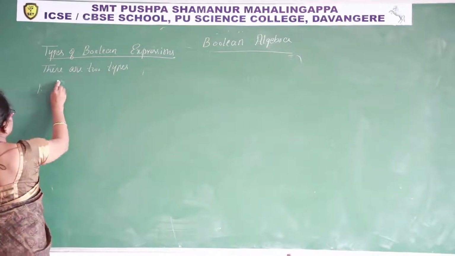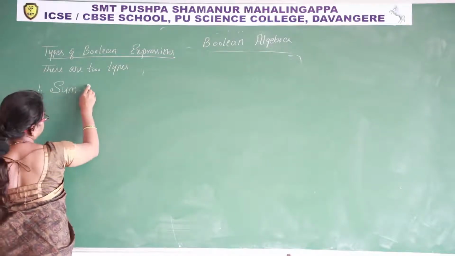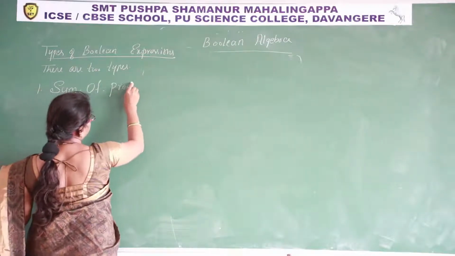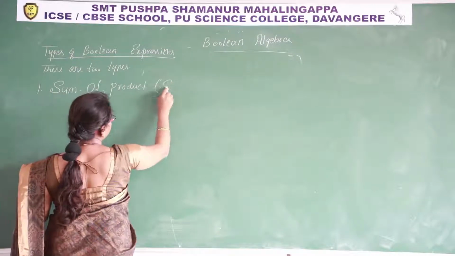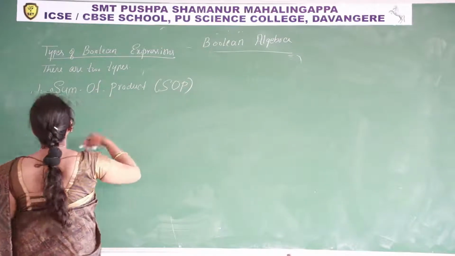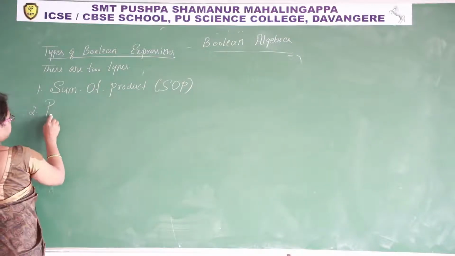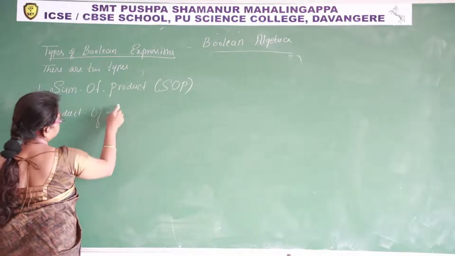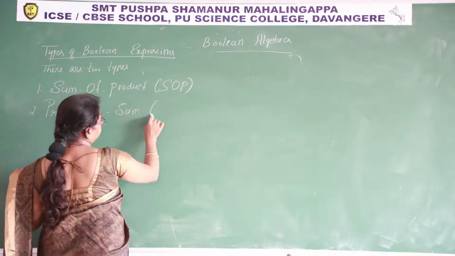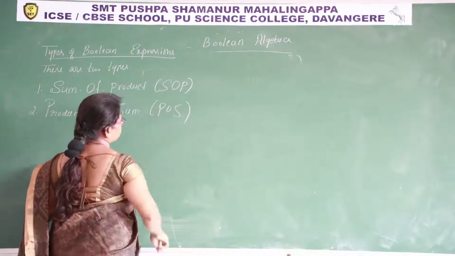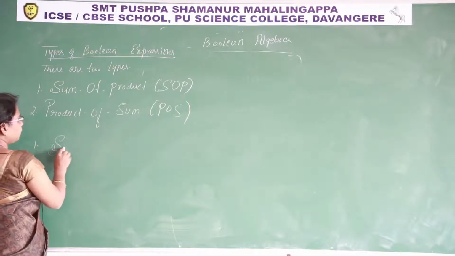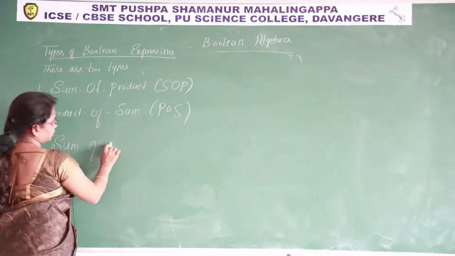One is sum of product, and another is product of sum, POS. Let us discuss one by one. Sum of product.